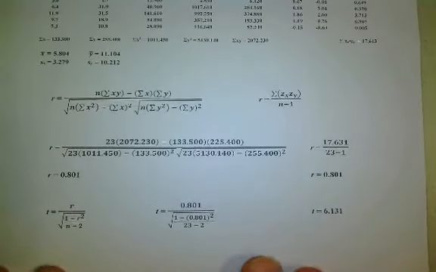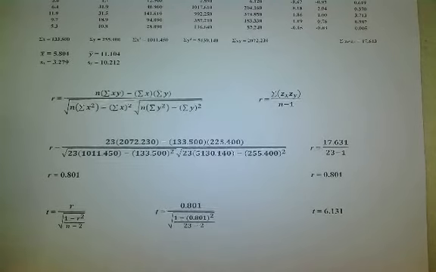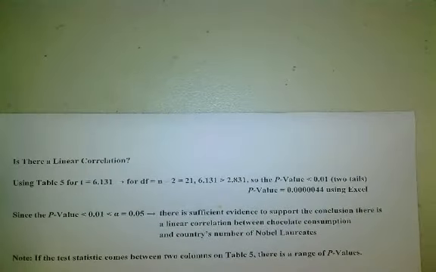So now that I have R, I can go ahead and find my test statistic. Again, the test statistic is R divided by the square root of 1 minus R squared over n minus 2. And so plugging in the numbers, I get a test statistic t-score of 6.131. Now, we want to see, in fact, if there is a linear correlation in the data.